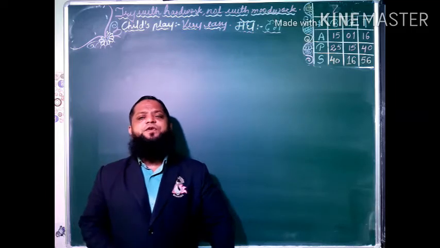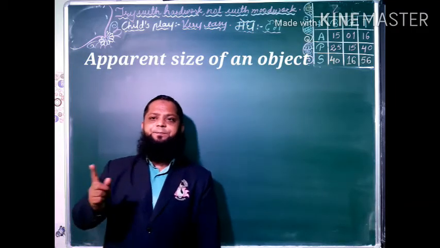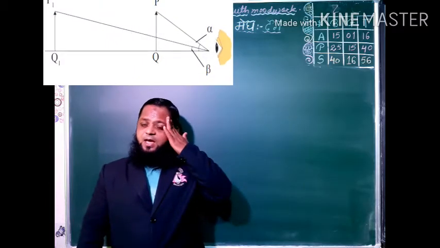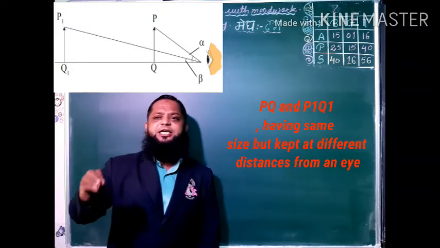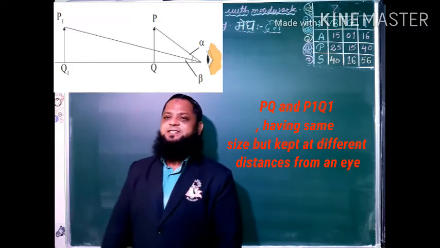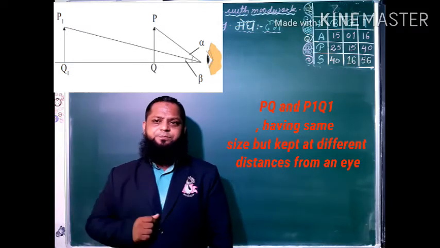Apparent size of an object. Consider two objects, PQ and P1Q1, having the same size but kept at different distances from an eye as shown in the figure.